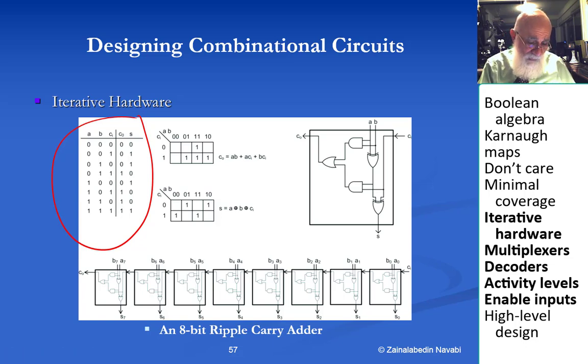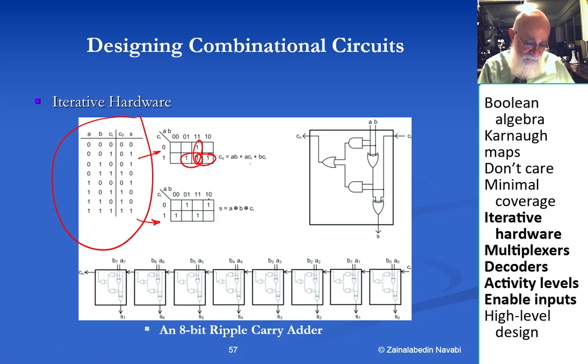This is the Karnaugh map for the carry out part of that truth table. This is the Karnaugh map for the sum out of that truth table. The carry out is this, this, and this, and therefore AB, ACN, BCN.